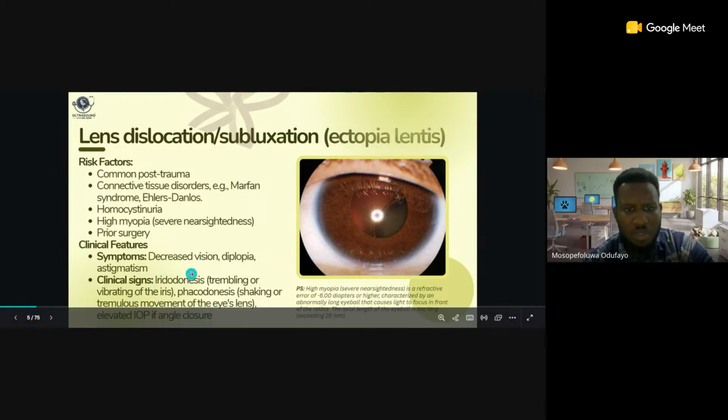So the person would have decreased vision, double vision, astigmatism, a lot of things like that might happen. Then also there could be a trembling or vibrating of the iris, which is what we call iridodonesis, basically, or shaking of the lens, which is called phacodonesis. Is that okay? There could also be elevation of the intraocular pressure.